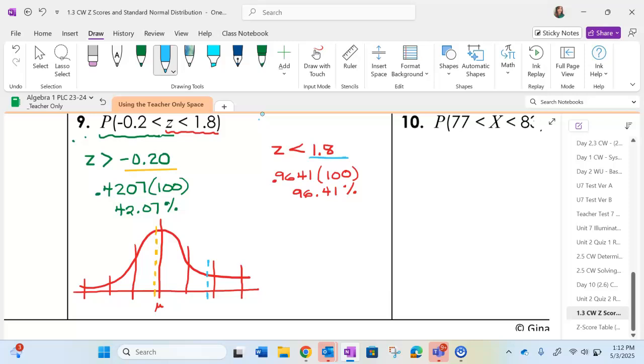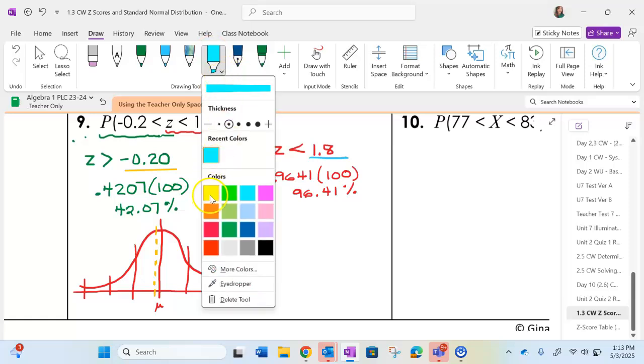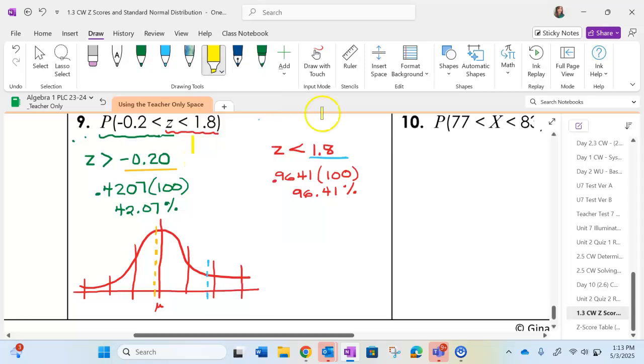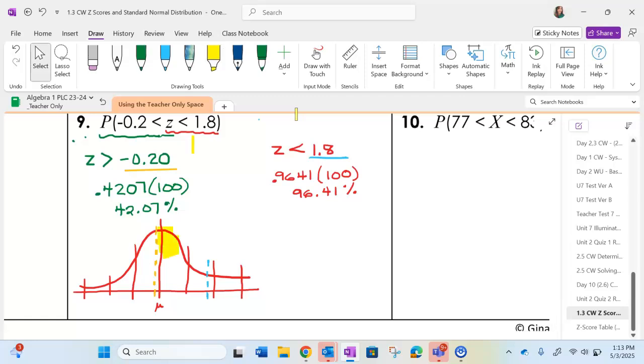Now, I'm going to do a little bit of shading. Let me use my yellow first. We're going to figure out what we need. So the first thing we want to do is, this says z is greater than. So I need to know that I am doing this. This is all.